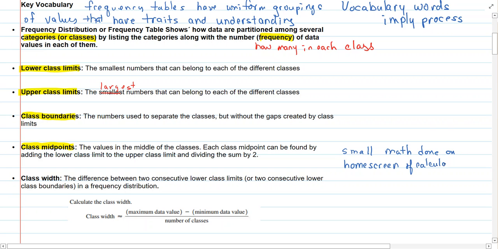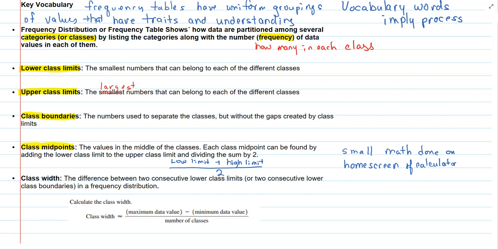Okay, this one can be found by adding the lower limit plus the higher limit divided by 2. All right. So we're going to be doing that to figure out the midpoint, and that's the center value.